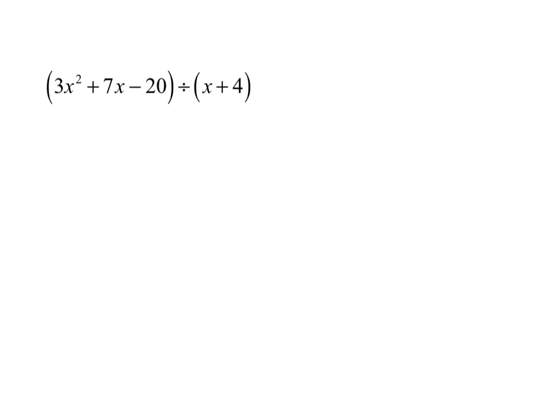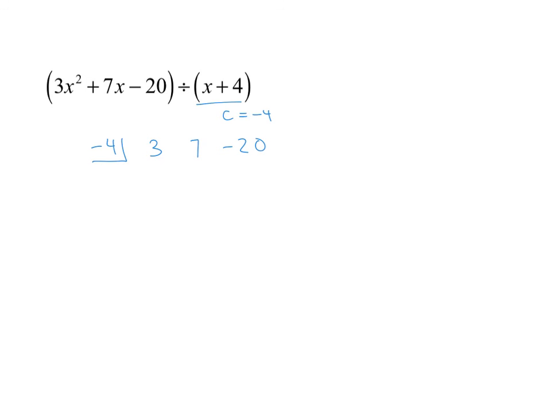One more example using synthetic division. This time, if x minus c is x plus 4, our c is going to be negative 4. So it's like if this is the factor we're dividing by, the corresponding 0 is -4, and that's the number that goes in the little box. Then I list the coefficients of my dividend: 3x squared, 7x, minus 20.